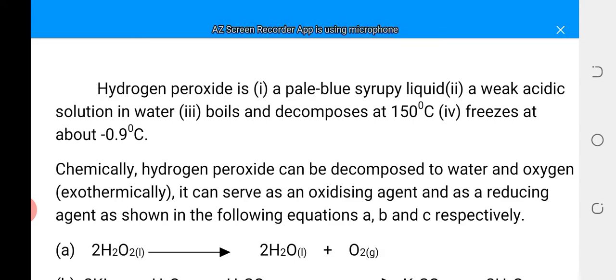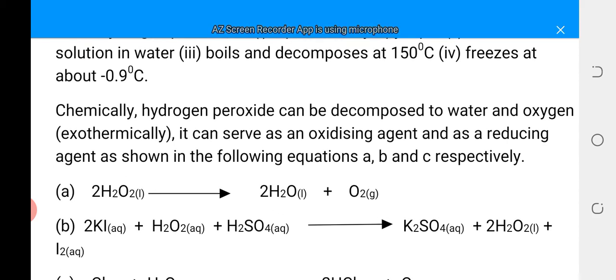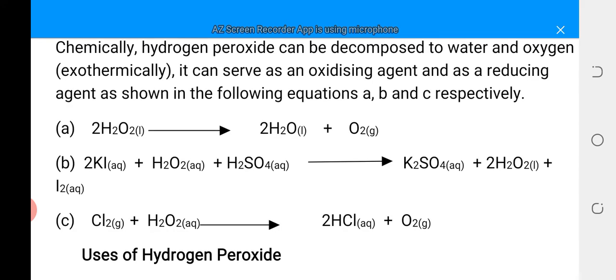But if it finds itself in the midst of a substance that is less oxidizing compared to its own oxidizing nature, it will behave as an oxidizing agent. So A here shows the decomposition of hydrogen peroxide to water and oxygen gas. B shows how it can behave as an oxidizing agent, while C shows it behaving as a reducing agent.